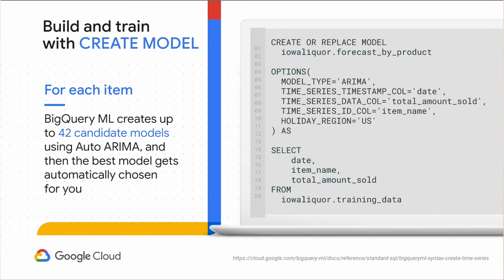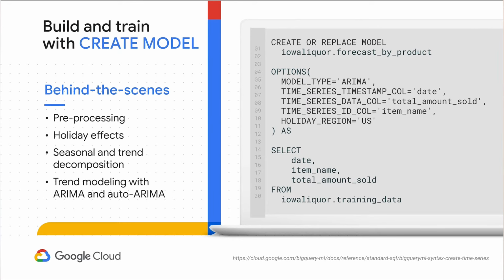So it's a very useful function because it allows you to create a single query across potentially millions of products, and then get forecasts for each of the products thereafter. So you don't have to be creating a separate query for each of your individual items.